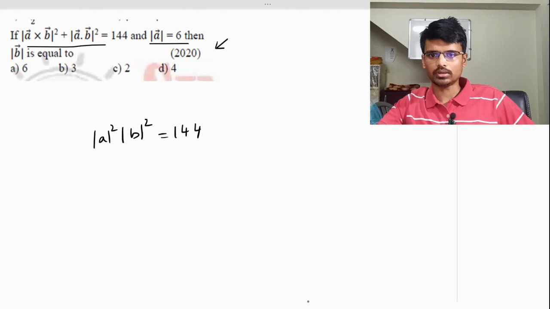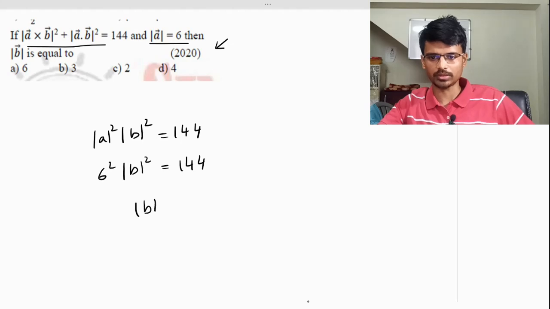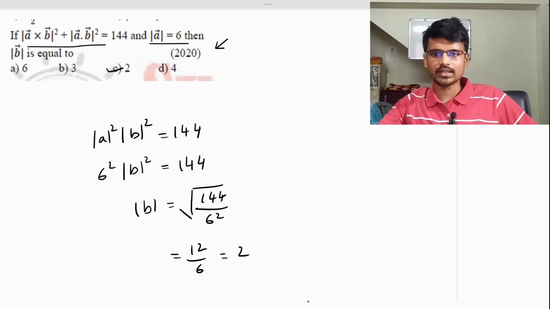The vector A, 6 square, the square of the magnitude of vector P. So I can find out what my vector P is. 144 divided by 6 square, which is nothing but 12 by 6. The correct answer is option C, that is 2.